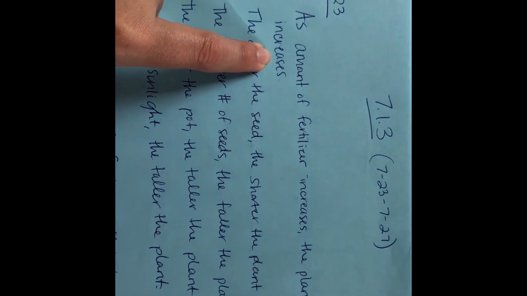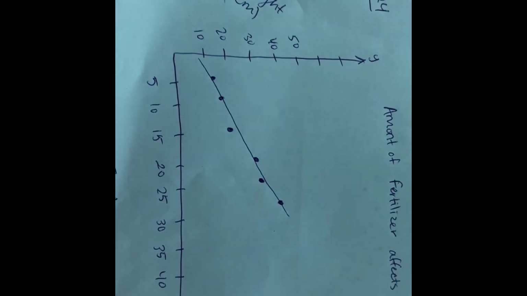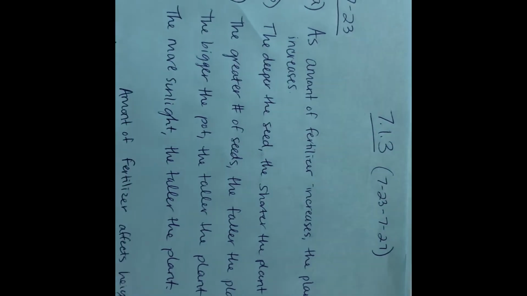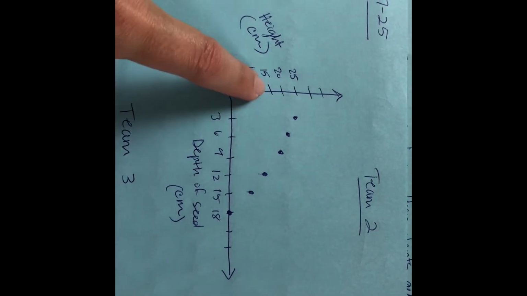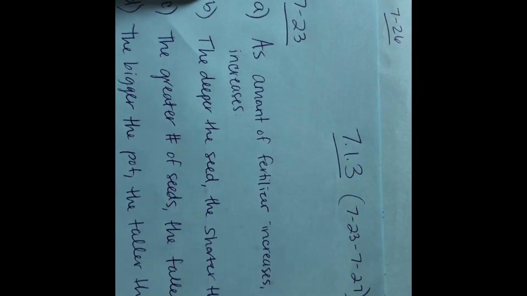So for the first graph, as the amount of fertilizer increases, the plant height increases. And that would be true. It is an accurate hypothesis. For part B, the deeper the seed, the shorter the plant, and I think we confirmed that because the height got shorter as the depth of the seed increased. So my hypothesis was correct so far for A and B.